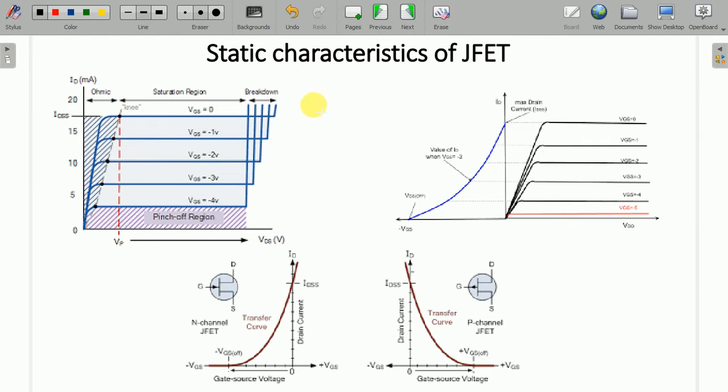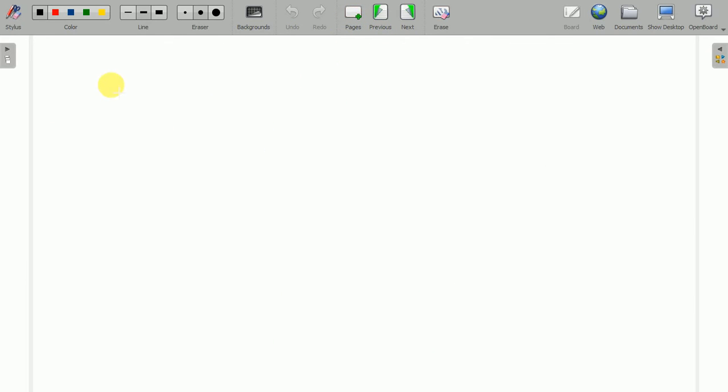Now, let us talk about the parameters of the FET. The one parameter is called transconductance.